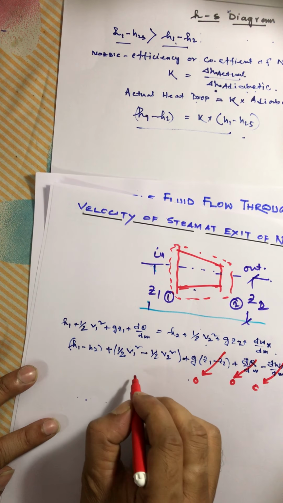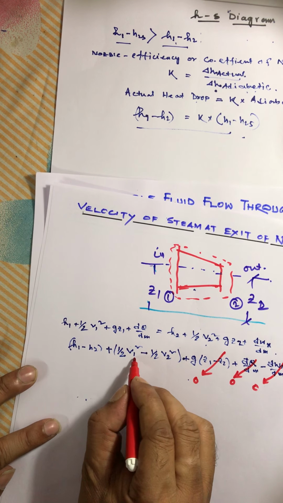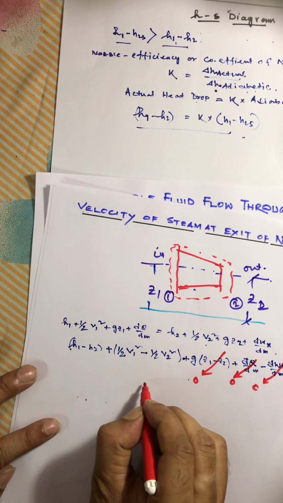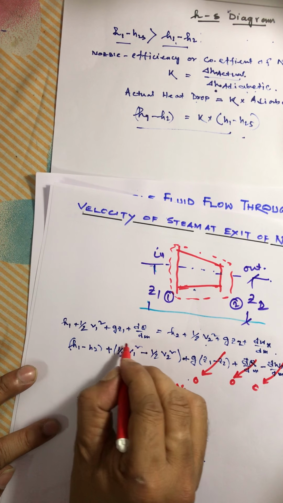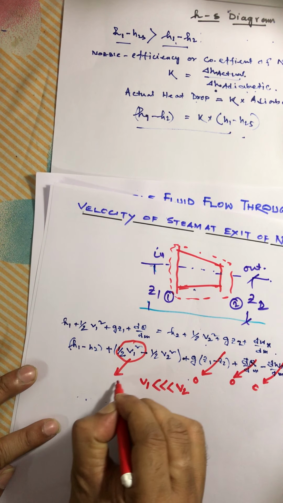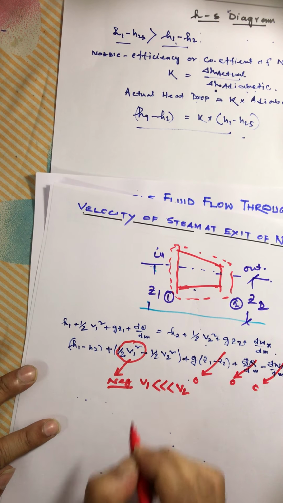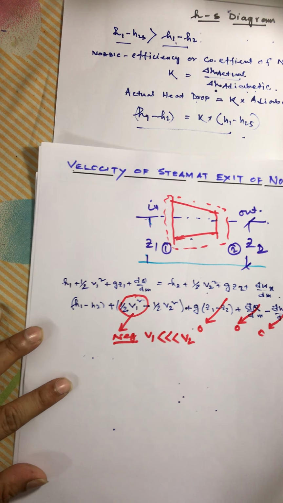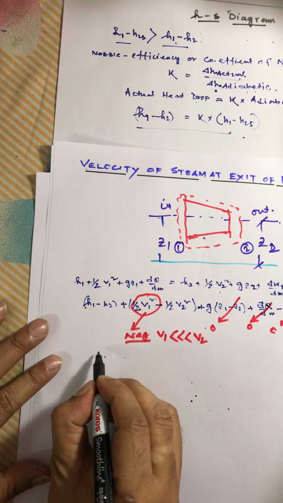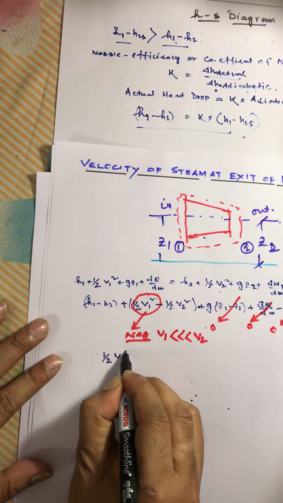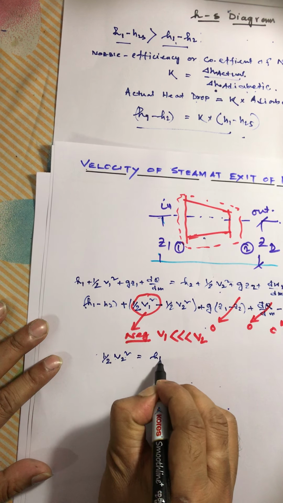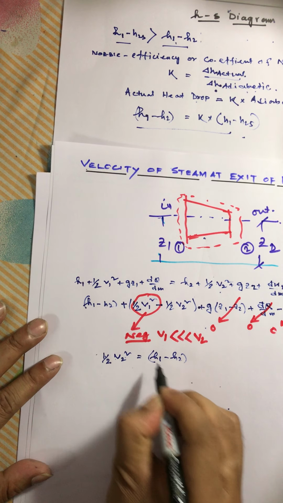If we consider initial velocity V1 is much less than V2, we can neglect, not 0, we can neglect this part. So, finally, the equation becomes half of V2 square is equal to H1 minus H2.